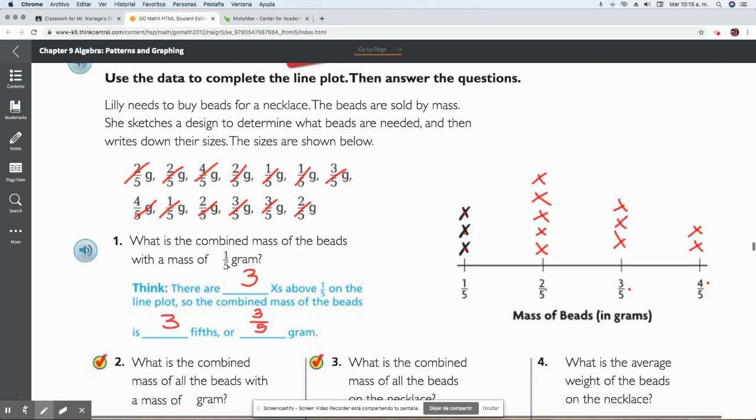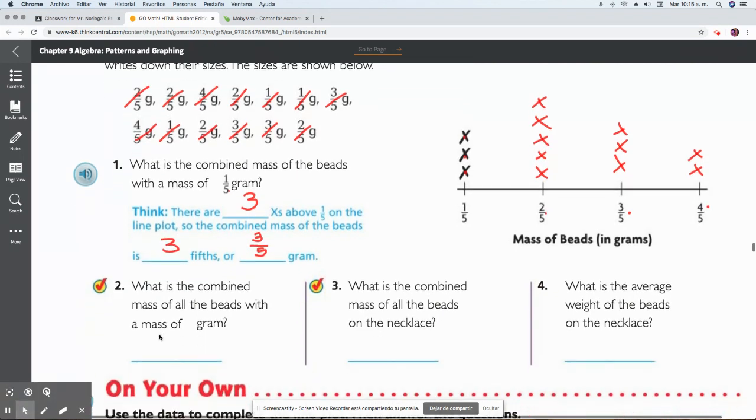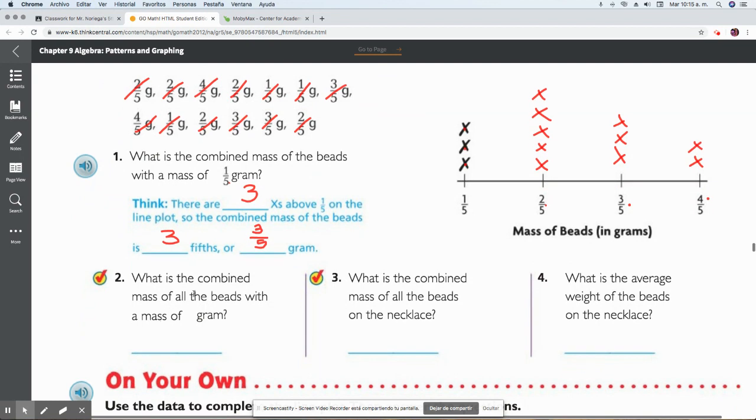All right, second question. What is the combined mass of all the beads with a mass of 2/5? Again, how many x's are on top of 2/5? 1, 2, 3, 4, 5.